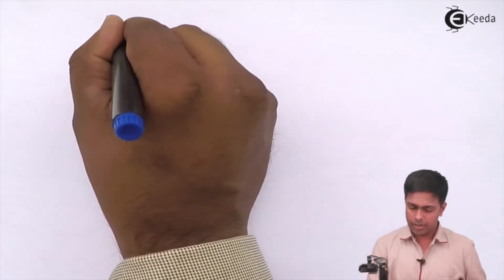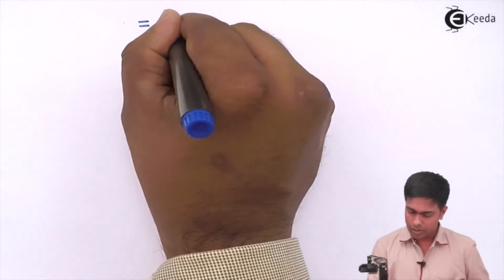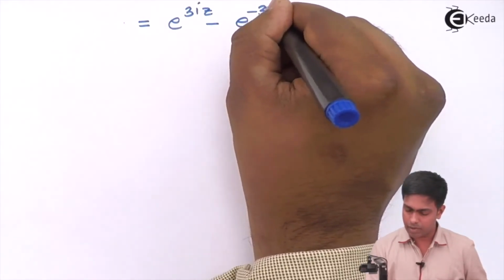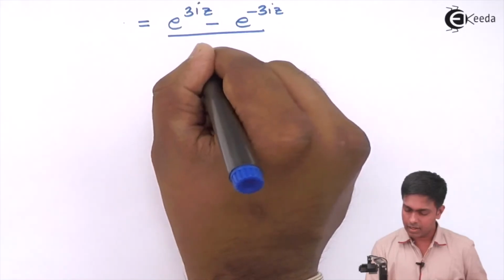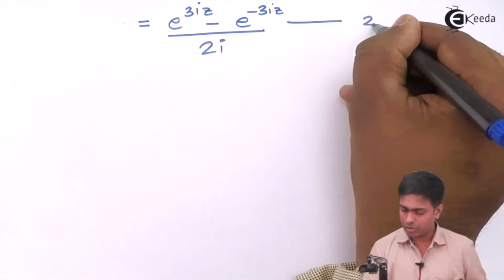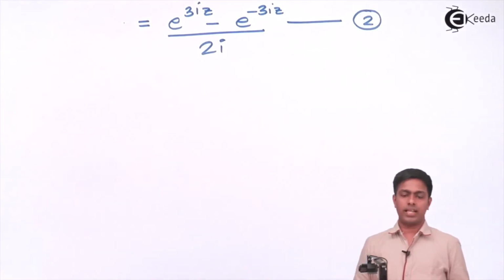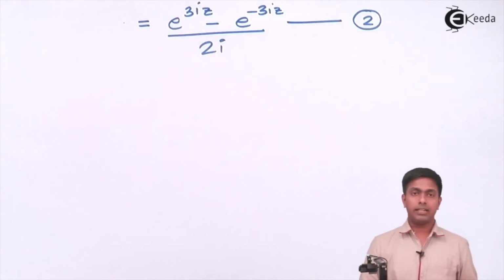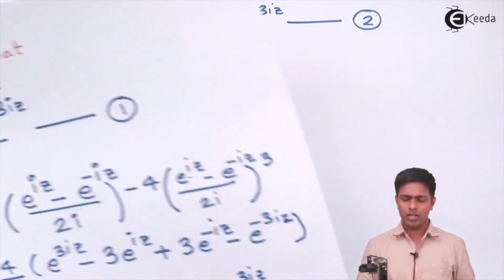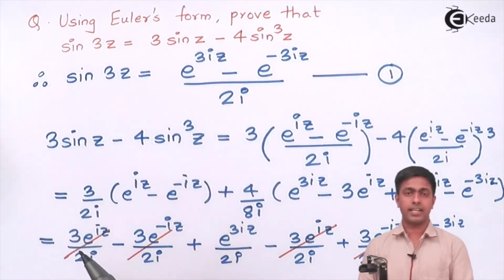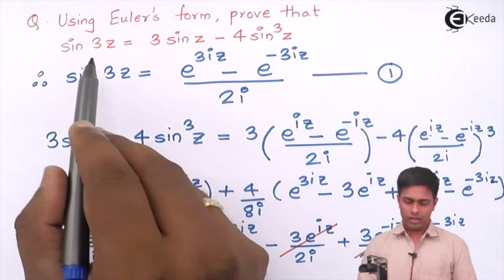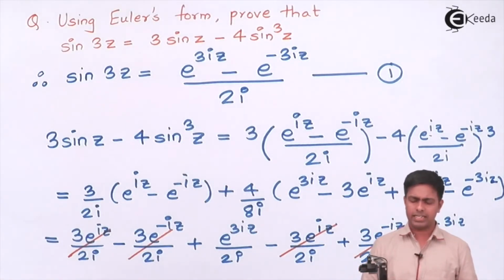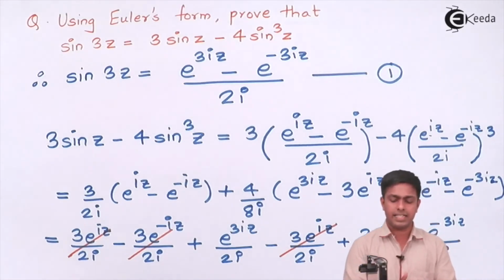So that will become e raised to 3iz minus e to the power minus 3iz upon 2i, equation number 2. Now if you observe equation number 1 and equation number 2, the right hand side is exactly equal. Therefore we can say that the left hand side is the same, and therefore this result is true. So sine of 3z is equal to 3 sine z minus 4 sine cube z.